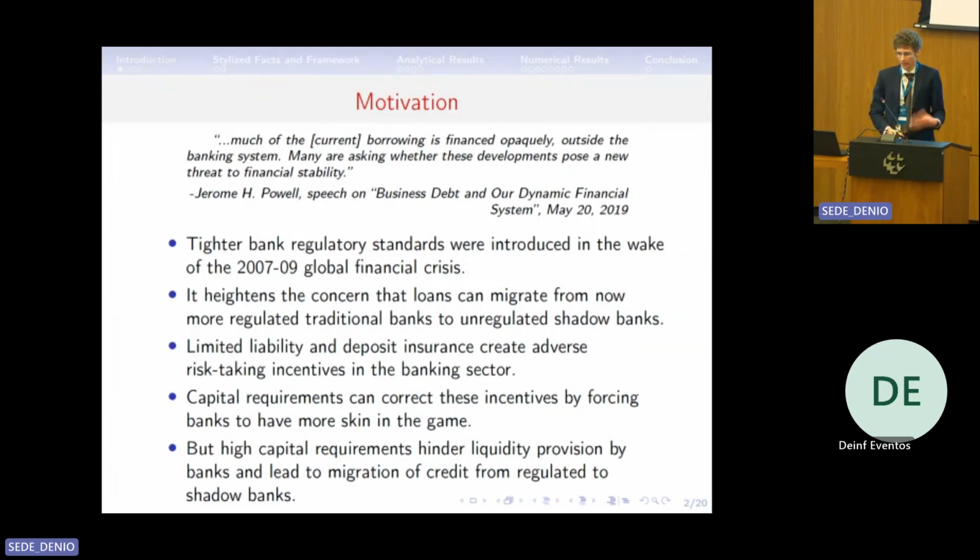Limited liability shields banks from downside risk, and deposit insurance subsidizes risk-taking by decreasing the costs of issuing deposits. Capital requirements can curb these incentives by forcing banks to have more skin in the game, meaning decreasing the value of limited liability. But this happens at the expense of liquidity provision and some migration of credit from regulated to shadow banks.